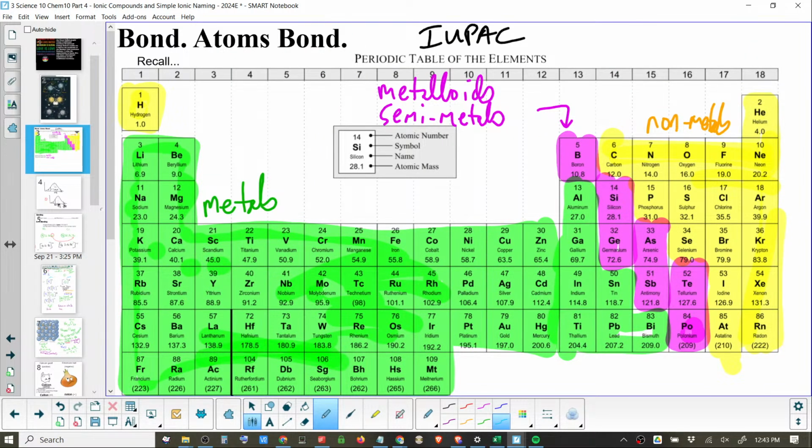Everything in this column is what charge? Another way: what is the number of valence electrons?